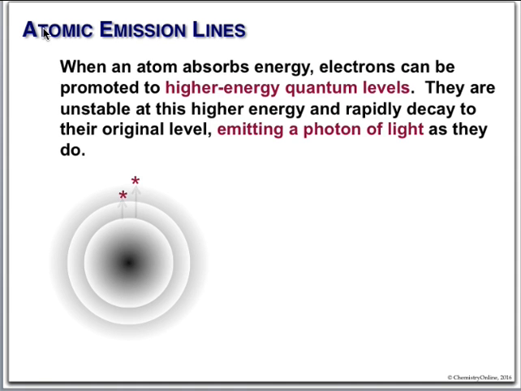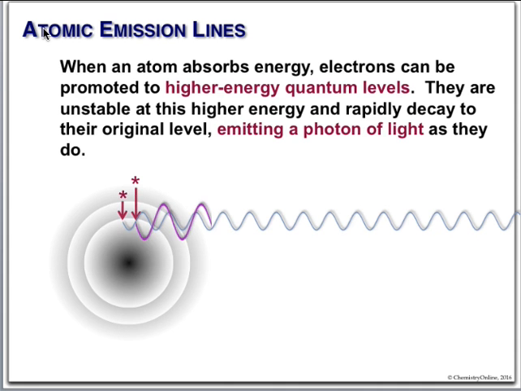Now, this electron used to be down here. It's not happy up there. It's an excited state. It will stay there for a microsecond or less, and then it will fall back down. And when it does, it releases the energy it absorbed as light.